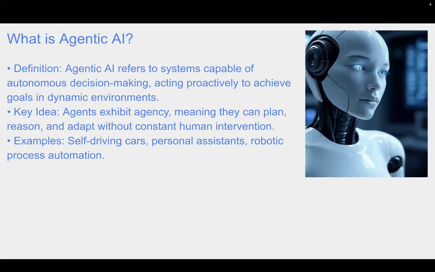It's not like if else. It could be anything depending upon the situation. For example, self-driving cars, personal assistants, robotic process automations, things that you cannot hard code into one software program. One other thing is it is goal oriented.